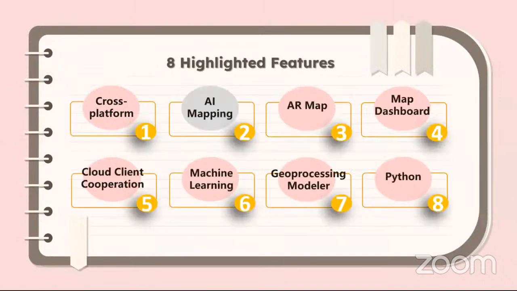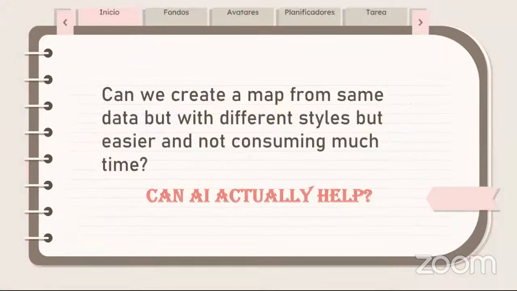Next we have AI mapping. Sometimes we might wonder whether we can create a map from the same data but with different styles, more easily and without consuming much time. Can AI actually help us with that?